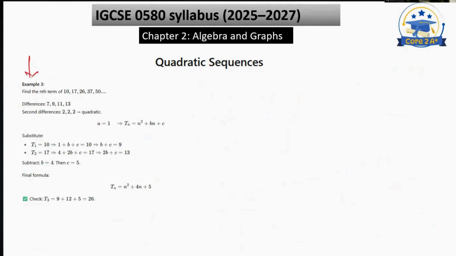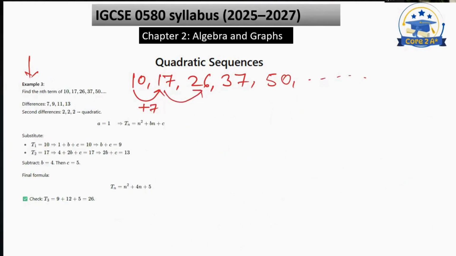Next example. Example 3. Here we have a sequence: 10, 17, 26, 37, 50, and so on. Let's find the first difference. Plus 7. After adding 7, we get the next.